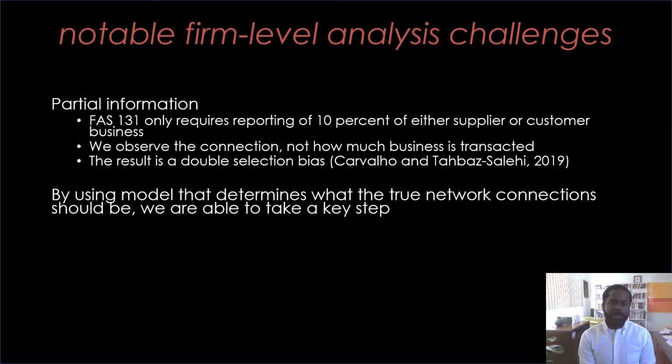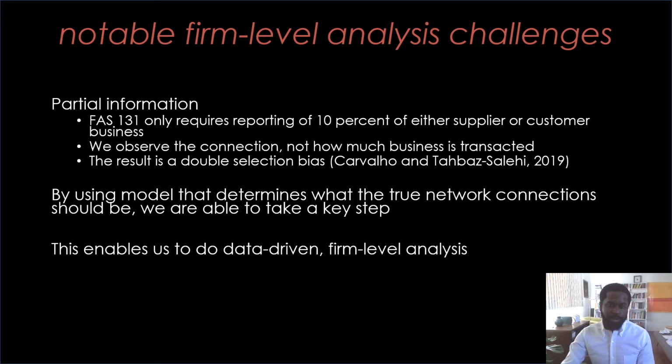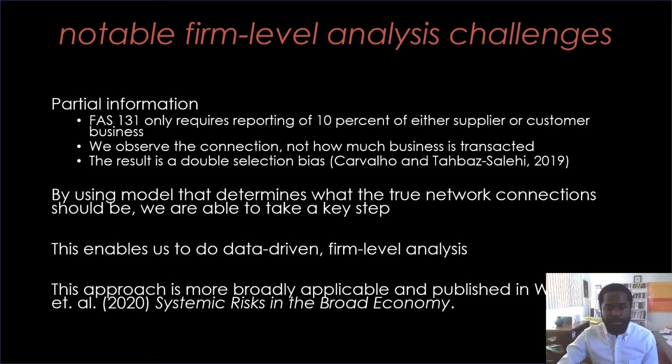However, by using a model that determines what the true network connection should be, we're able to take a key step forward in doing firm-level analysis, which enables us to do some of the things we need to do to estimate truly what the effect would be of a cyber attack on a given firm.